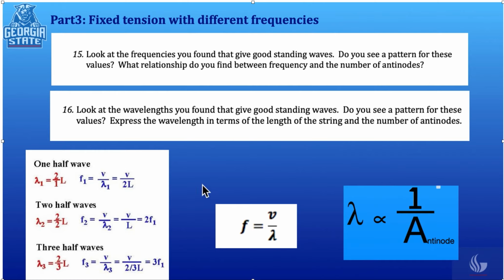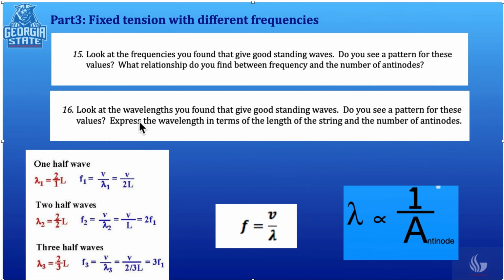Question 16. Look at the wavelengths you found to give good standing waves. Do you see a pattern for these values? Express the wavelength in terms of the length of the string and the number of antinodes. As we already discussed, standing waves generate at specific frequencies or specific wavelengths, which are known as the harmonics.